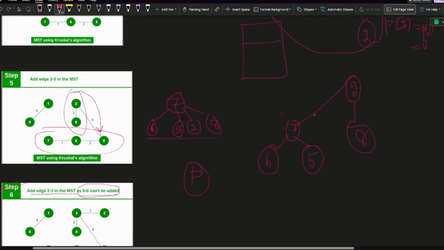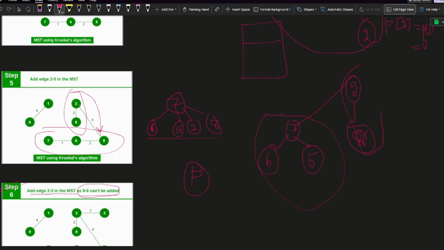But if I were to find 8's parent, I'm going to keep going until I find a node that is the parent of the node itself. I really hope you've understood what has happened here. These two were connected and these two were connected as well.